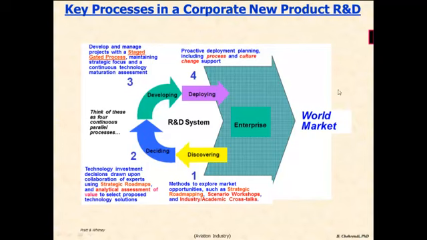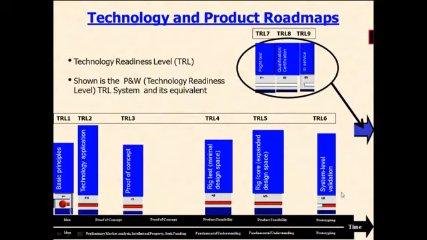It would be proactive development planning, including process and culture change support. So that is a bird's eye view of the processes we call the R&D system, consisting of these key processes. It's a coarse way of looking at the whole R&D activity.